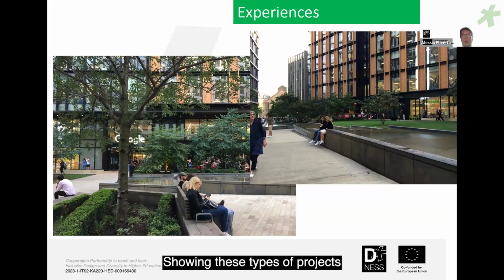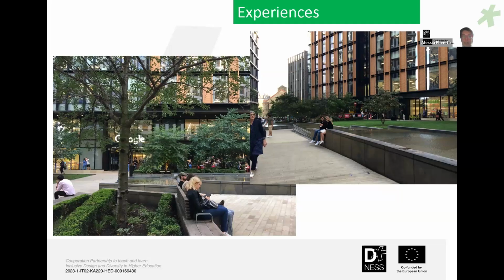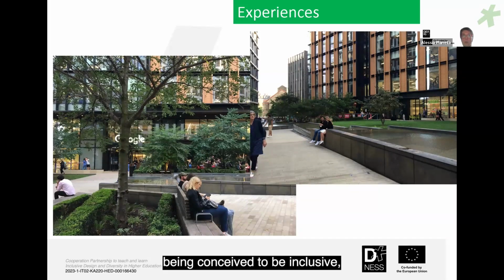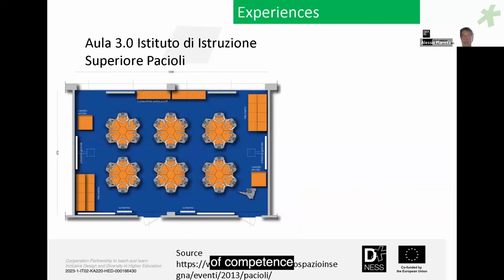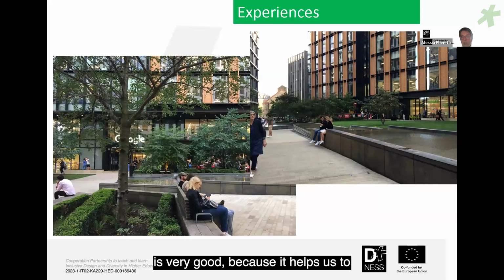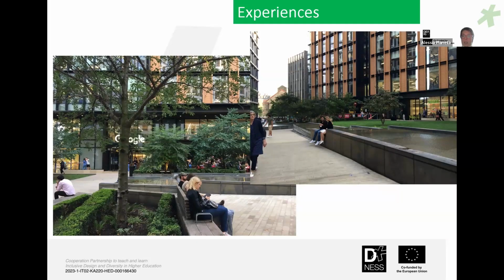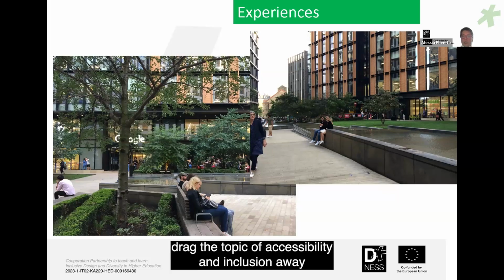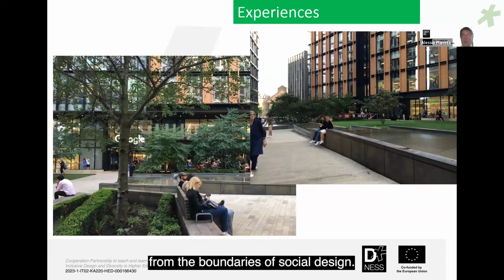Showing this type of projects that are fully inclusive without being conceived to be inclusive, but just because of competence, is very good, because it helps us to drag the topic of accessibility and inclusion away from the boundary of social design.